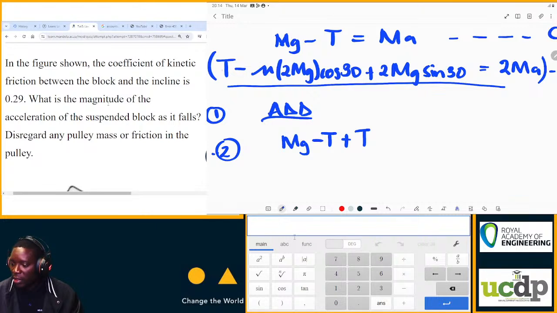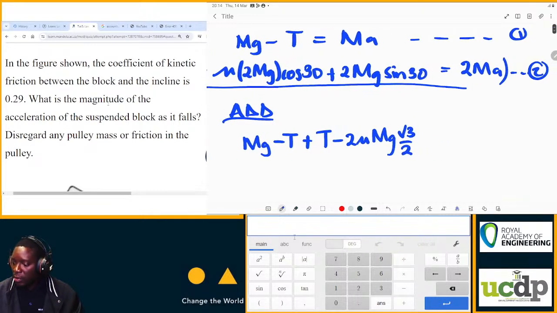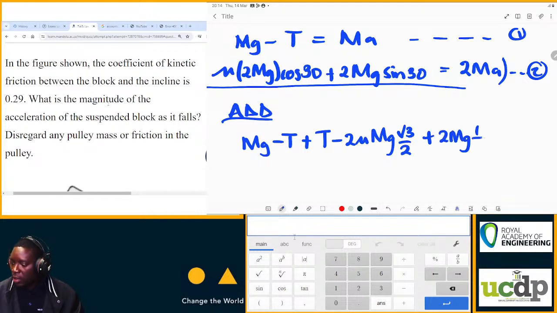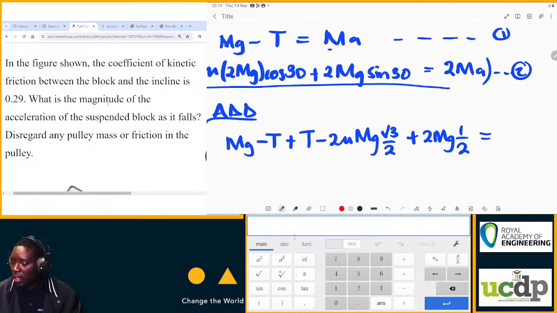So mg minus T, plus T, minus 2 mu mg cos 30, root 3 over 2, plus 2 mg sine 30, which is half. Then this is equal to the right hand side, ma plus 2ma is 3ma.